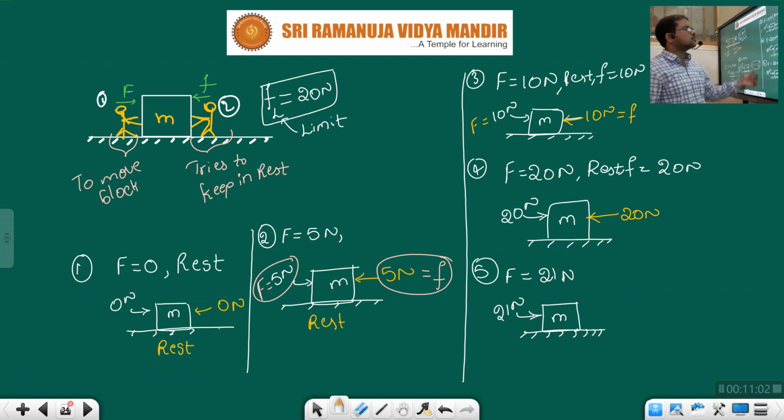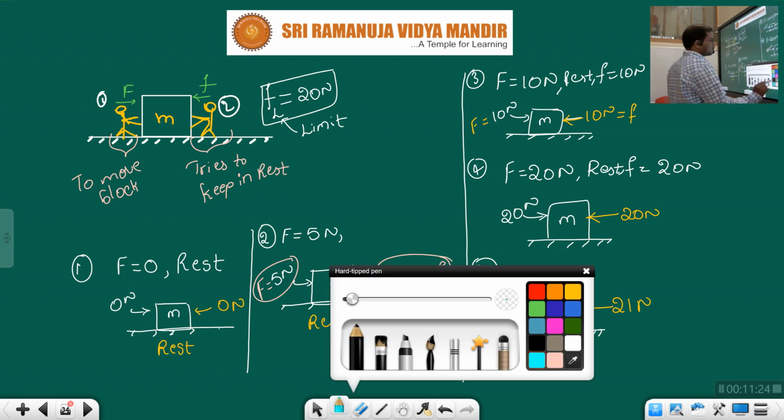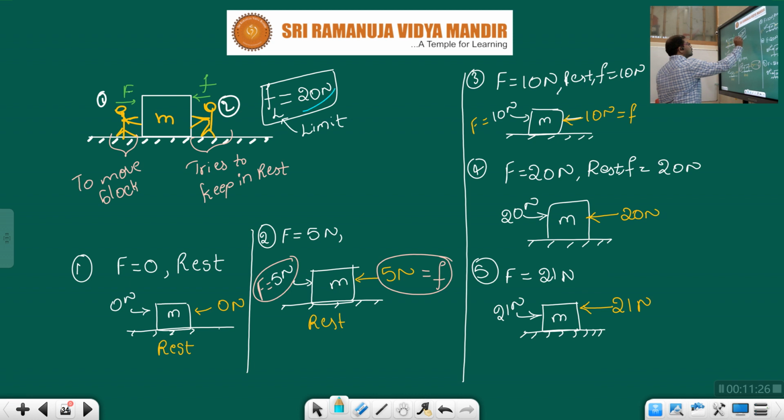Now the first person increased his force to 21 newtons in order to make it move. Now what will that second person do, children? He will also apply 21 newtons. Is this correct, children? Can the second person apply 21 newtons? How much force can the second person apply? What is the limit for the second person?